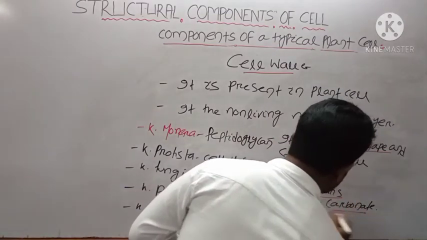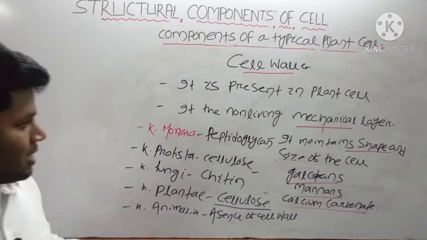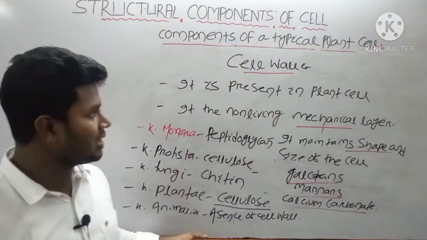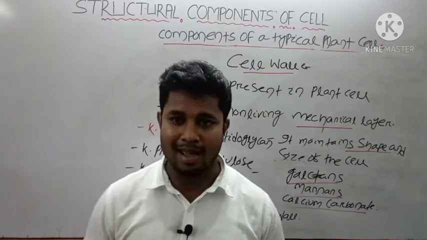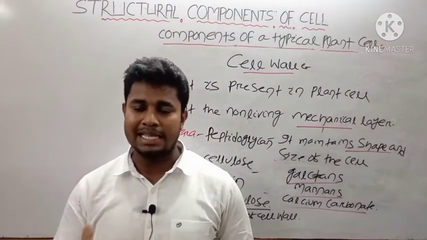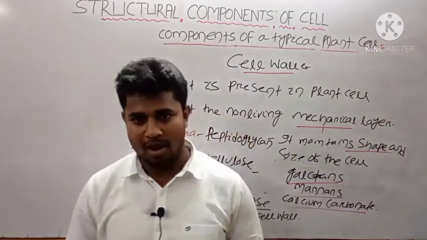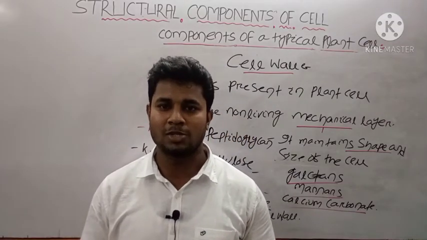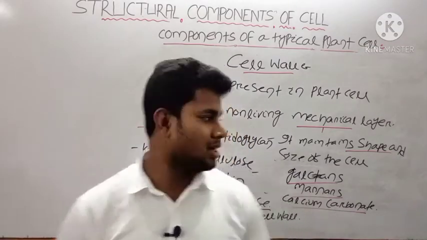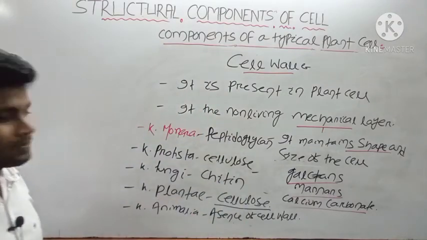Note down these points. Then we will start the basic layers of the cell wall. Mainly there are three layers: middle lamella, primary wall and secondary wall.